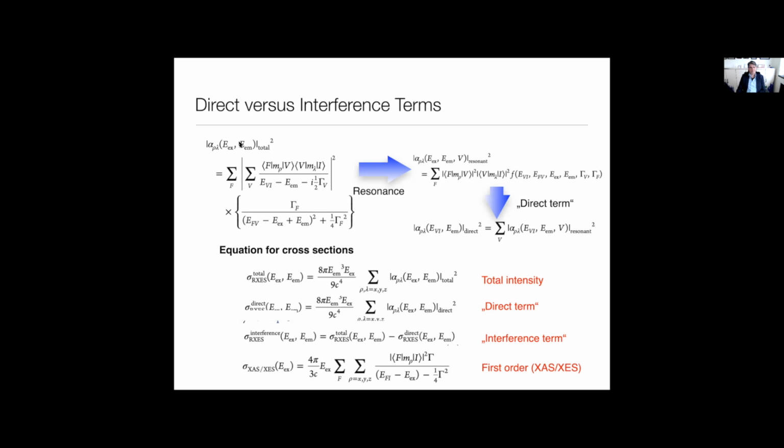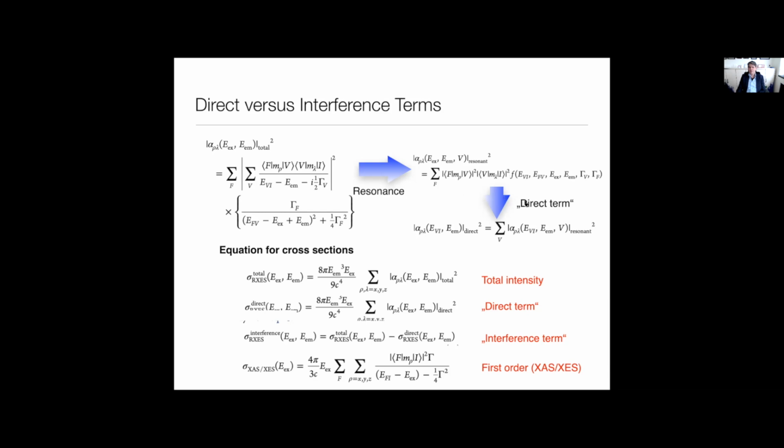That means you can take that equation for the polarizability and simplify it in this way, where you simply sum over final states, and then you have the coupling of the final state to the intermediate state via the electric dipole operator, and the intermediate state to the initial state via the electric dipole operator.